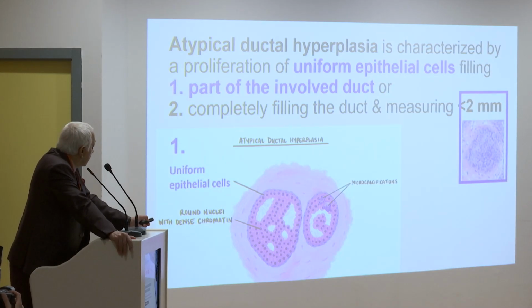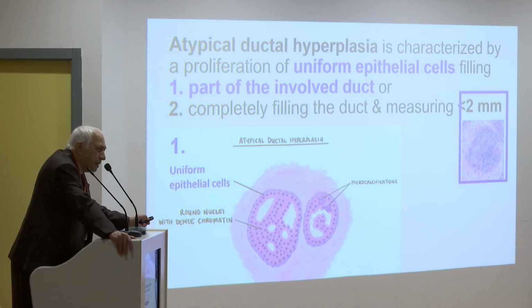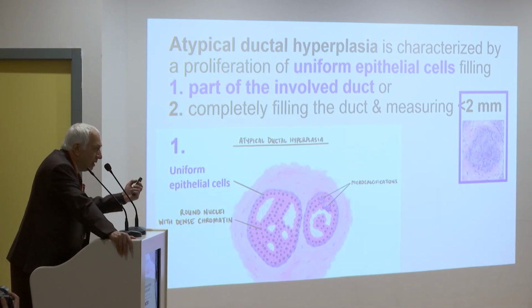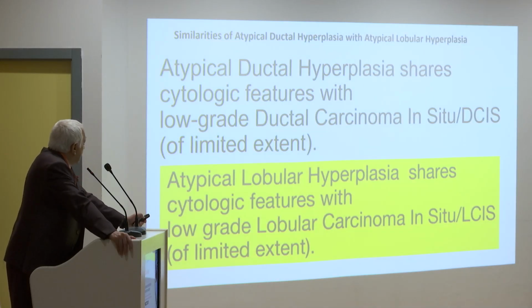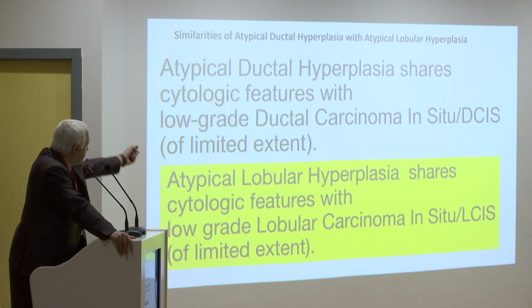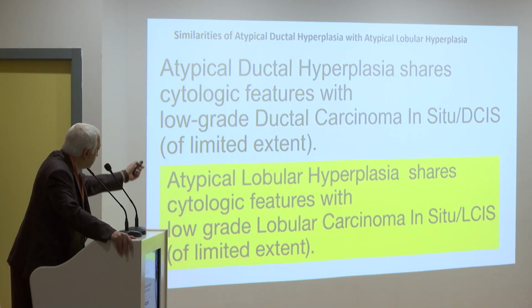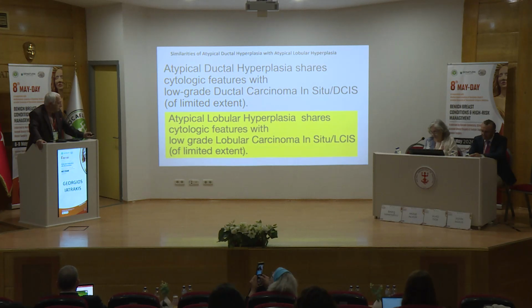In terms of pathology, it consists of uniform epithelial cells, etc. Actually, it resembles DCIS very much, but it's a smaller lesion than DCIS. It shares cytologic features with low-grade DCIS.